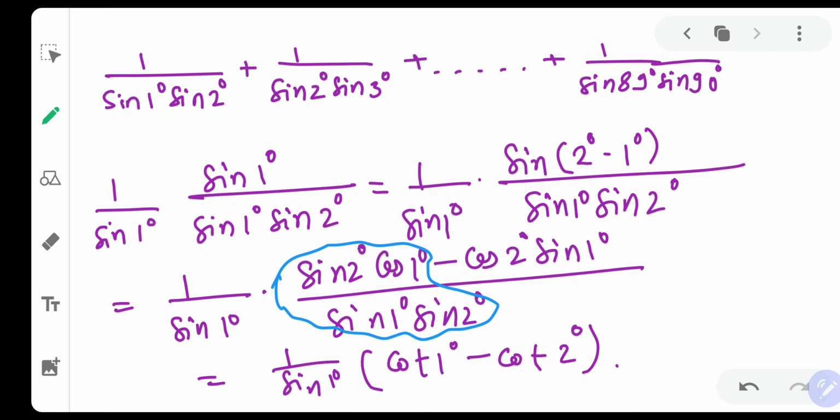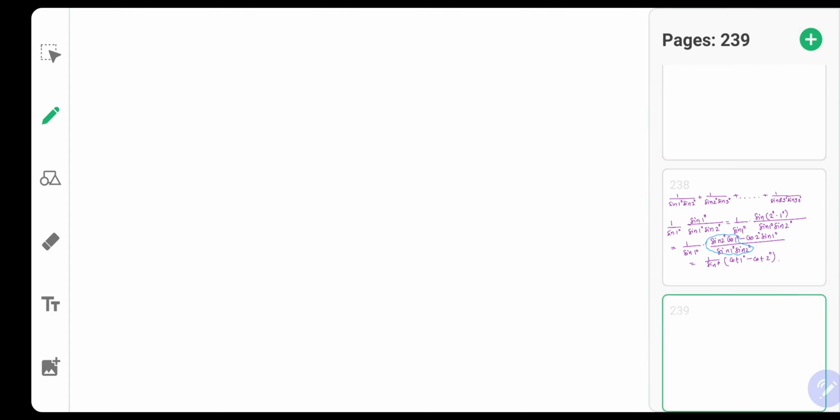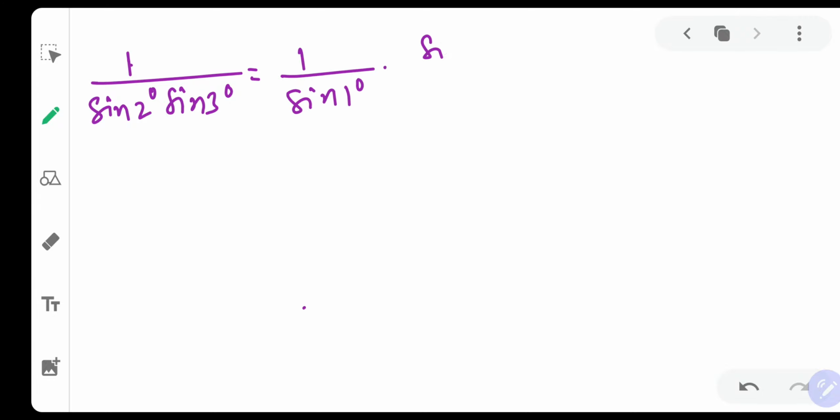I will show you one more term so as to make you understand this in a better way. We have here 1 upon sine 2 degree and sine 3 degree. We will multiply and divide by sine 1 degree, everywhere we are doing the same thing, upon sine 2 degree into sine 3 degree.